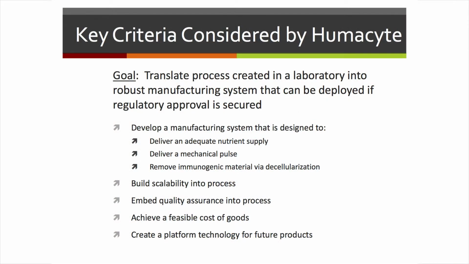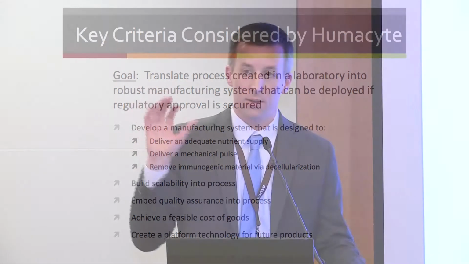One of the keys that we're kind of living by is you want to translate the process from the laboratory to be a robust manufacturing system with your eyes on commercial scale production and making high quality product and giving yourself the best chance of regulatory approval as well. We started with our design.